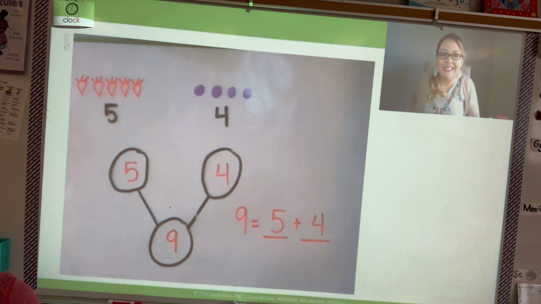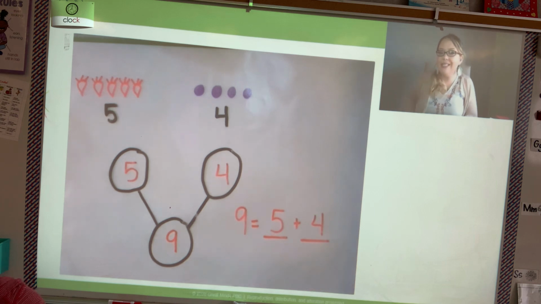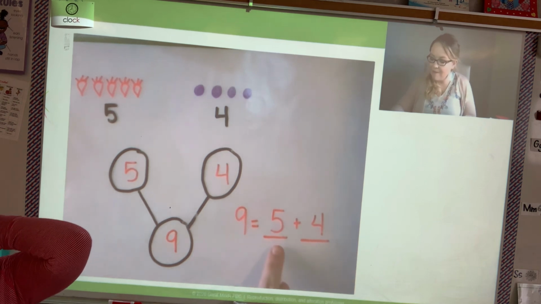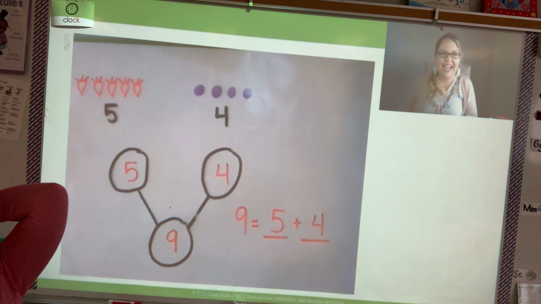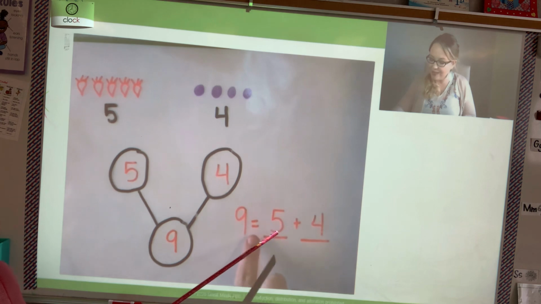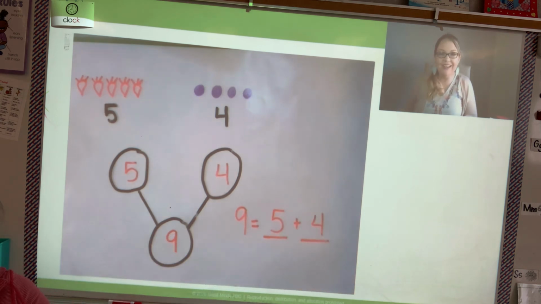Now let's read this number sentence together. 9 equals 5 and 4. Listen to me as I read this sentence another way. 9 equals 5 plus 4. Go ahead and say it that way with me. Okay, let's say it. 9 equals 5 plus 4. Great job.